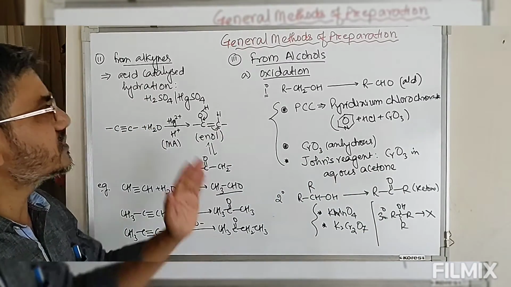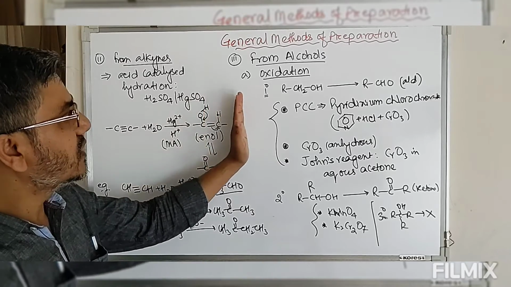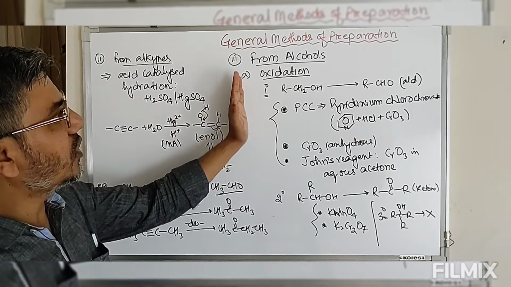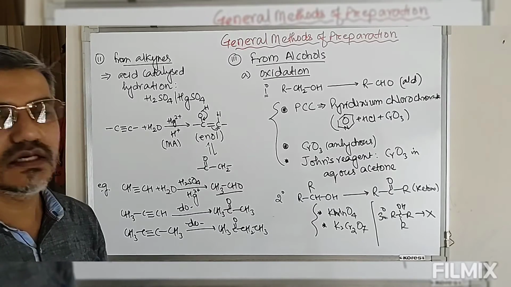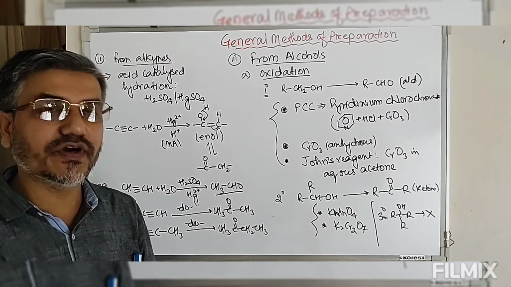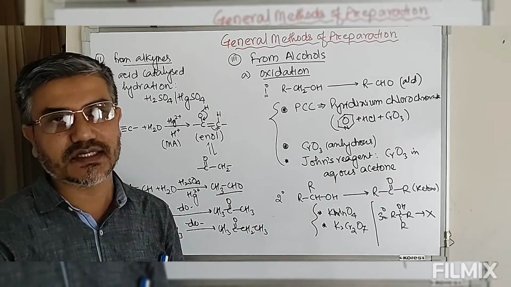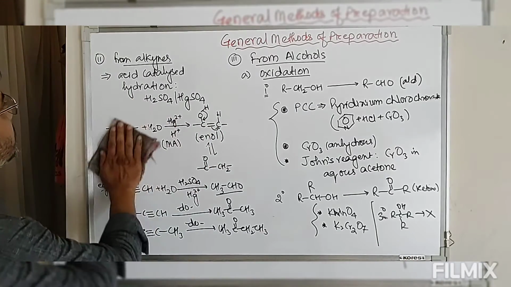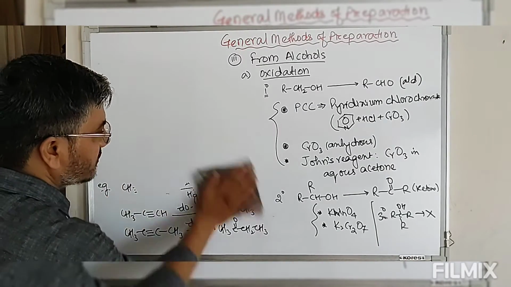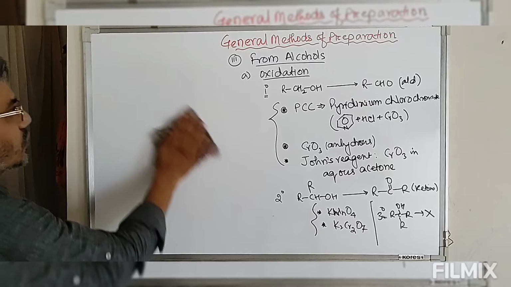So the first reaction is oxidation of alcohols will give you aldehydes and ketone depending on whether the alcohol is primary or secondary. Tertiary will not be oxidized. So this is first method, that is from alcohols.